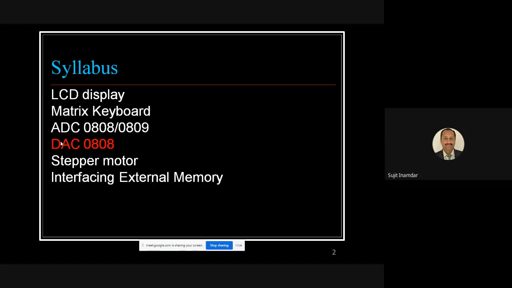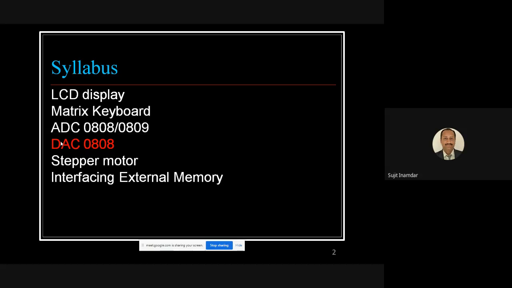So if you're taking a voltage range, for example, 0 to 5 volt, and at the output in digital format, 8 bits are there. In ADC, the 0 volt is represented by 8 zeros, correct?